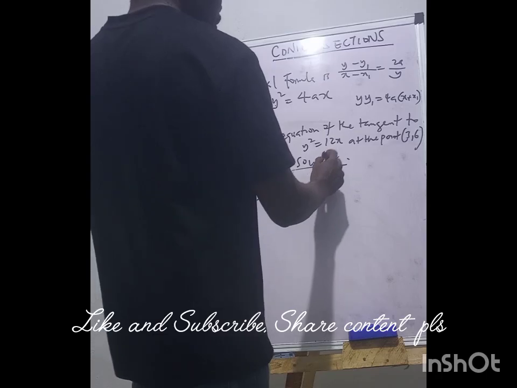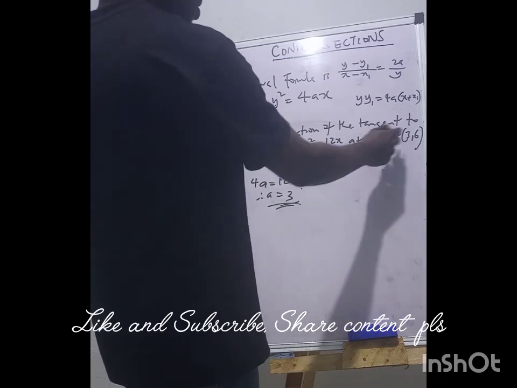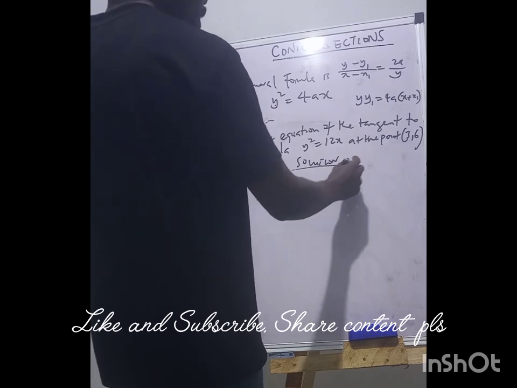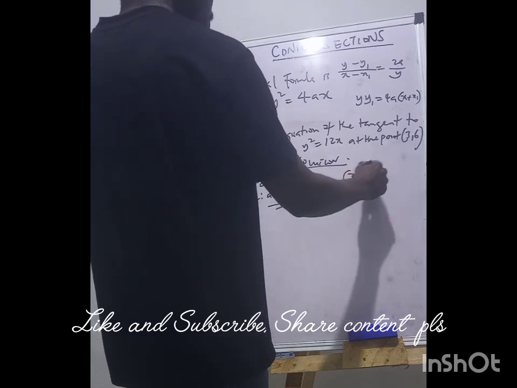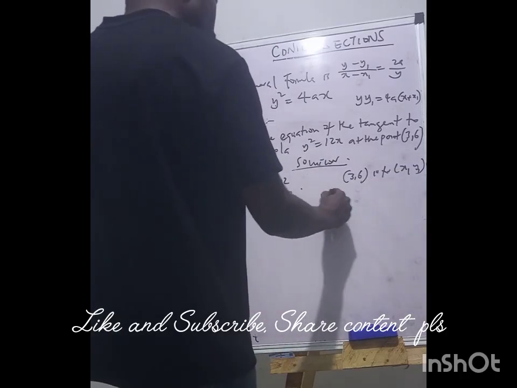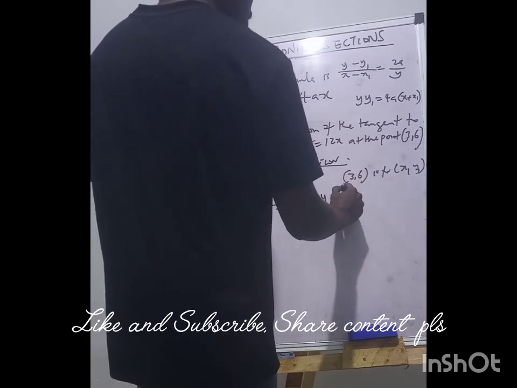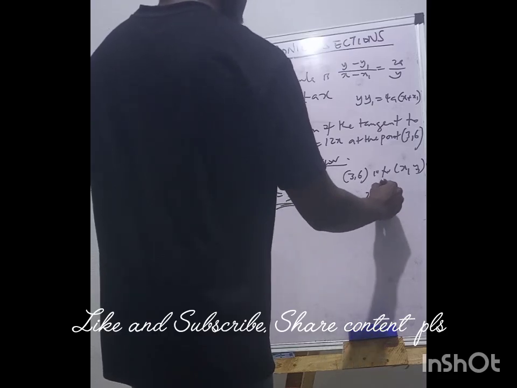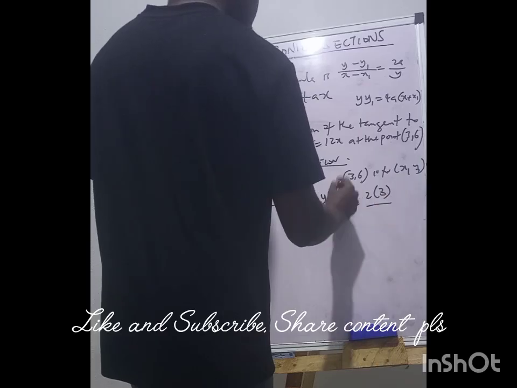Putting that in the equation, remember 3 and 6 are x1 and y1. So we have (y minus 6) over (x minus 3) equals 2a over y.